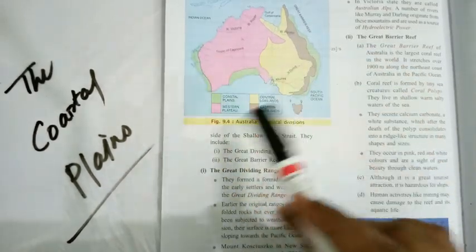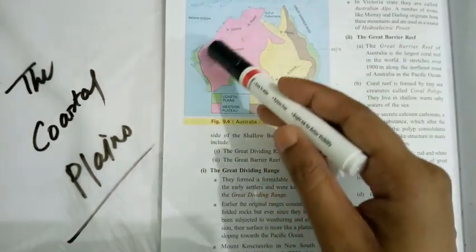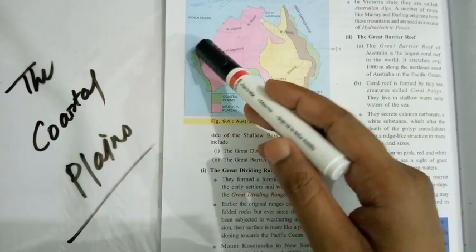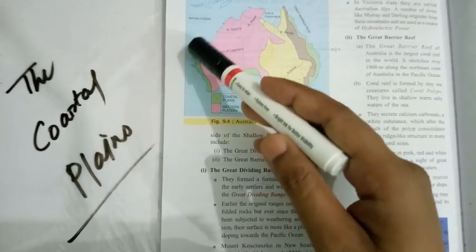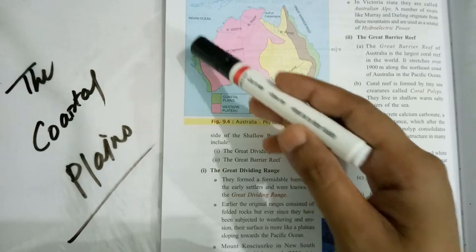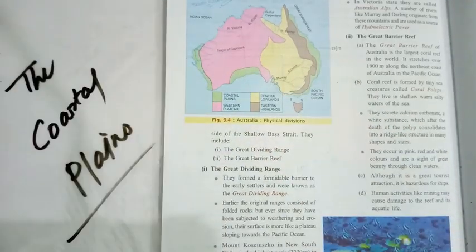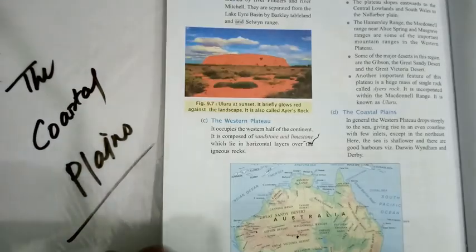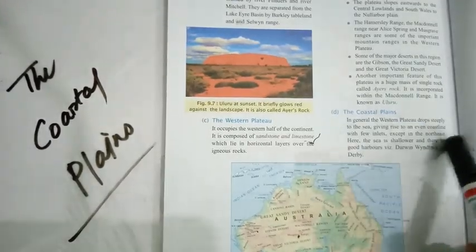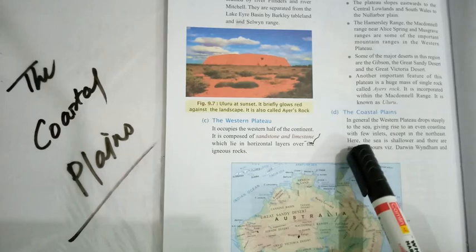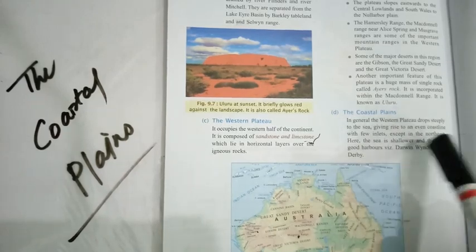Here it joins steeply. Even means there are not too many curves. This is the steep side of the Western Plateau, giving rise to an even coastline with very few inlets, except in the northeast.